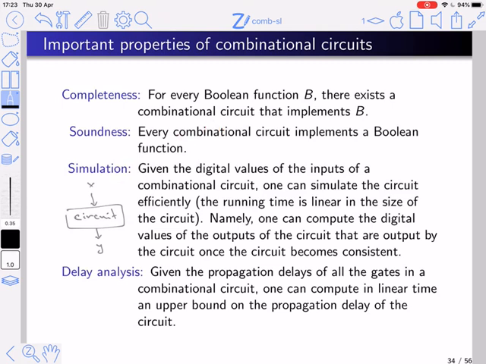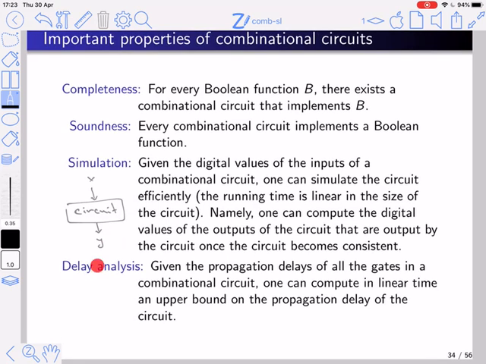Simulation means that given a combinational circuit, if you tell me what the values of the inputs are, I can compute the values of the output. Delay analysis means that I can tell you how long it takes until the outputs are consistent with the values of the inputs, namely when the values of the outputs are a Boolean function of the values of the inputs.